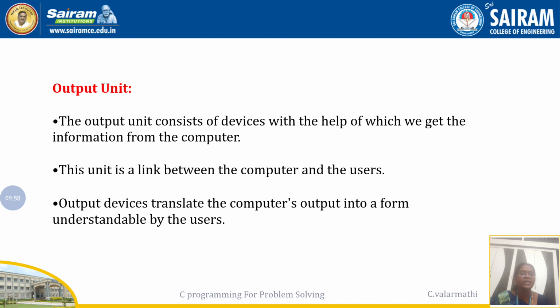It is the link between the computer and the user, whereas the input unit is the link between the user and the computer. Simply, it translates the computer's output into a form understandable by users. Either we can view my result on monitors, or I can take a printout. With the help of these kinds of output devices, I can see my results, right?